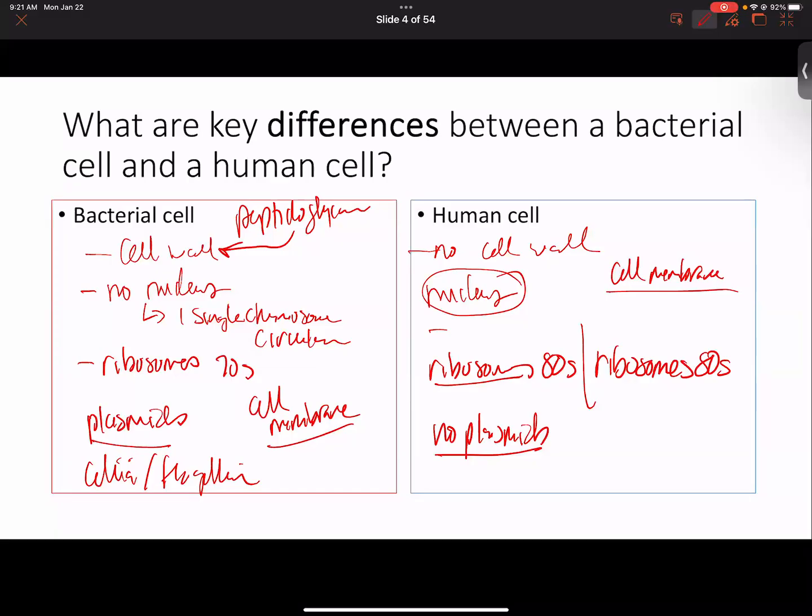Why do we put folic acid in our multivitamin? Because we can't make it. Very good. Olivia jumped right to my punchline. Yeah, we as humans can't synthesize folic acid, so we rely on exogenous sources of folic acid, either from the diet or from supplementation. What about the majority of bacterial cells? They synthesize their folic acid. Okay.